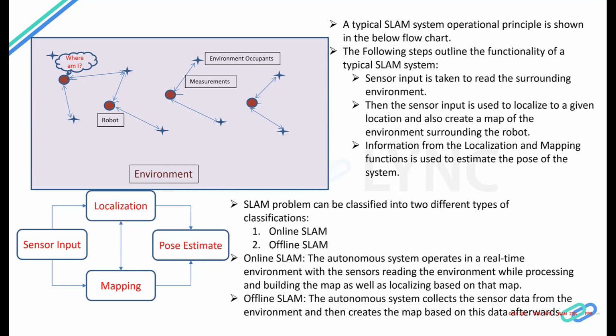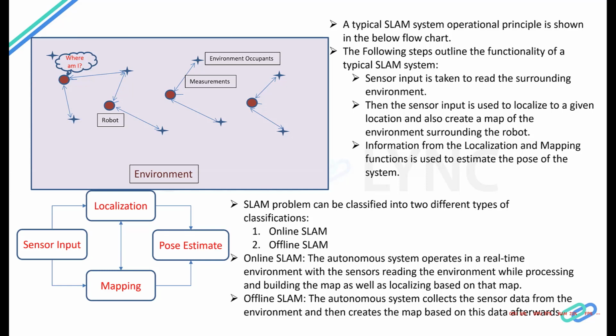Step two, the sensor input is used to localize and map the environment around you, and this will enable the system to perceive where it is. Let me put it this way, the sensor input will give information as to possibly where the robot can be in the given environment, and it will simultaneously construct a map of the environment around the robot.